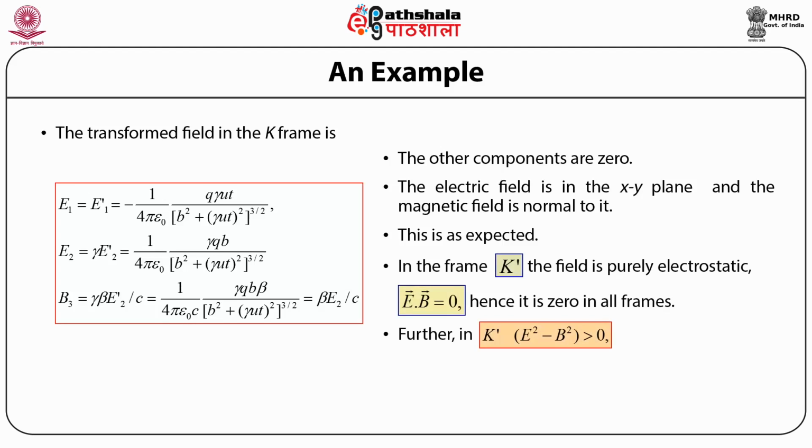Further, in the k prime frame, the quantity E square minus B square, that is the square of the electric field minus the square of the magnetic field induction vector, is greater than 0. Hence, the quantity E square minus B square greater than 0 is true for all frames.